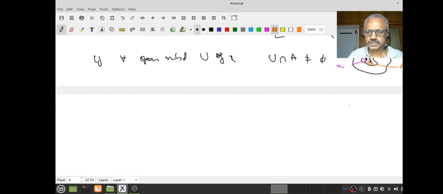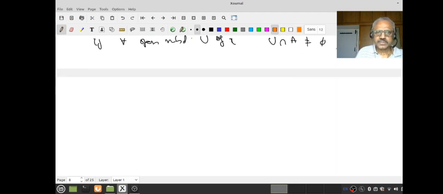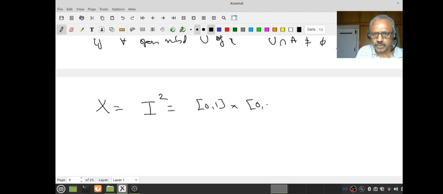Now, just to have a good understanding of order topology, let's look at adherent points of something. Let X equal I squared, which is [0,1] cross [0,1] with order topology tau.